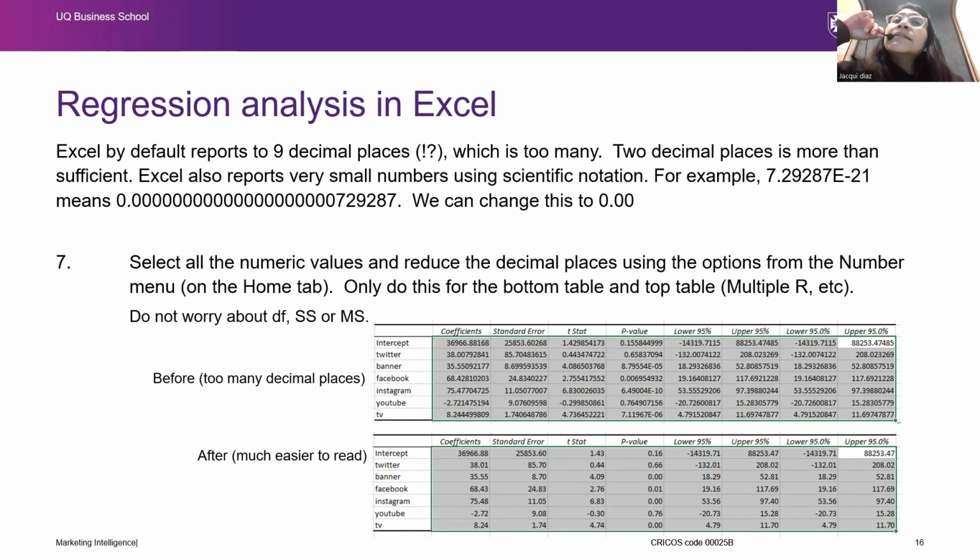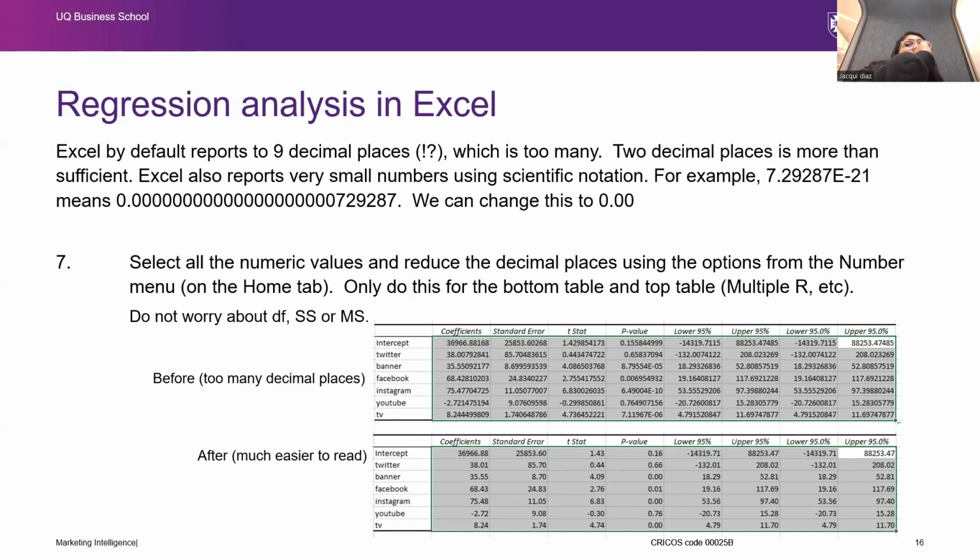It's really easy to recognize here that the lowest belongs to YouTube with a negative sign, 2.72. And the highest one belongs to Instagram, and it's positive, so it means that it's making a positive effect on sales, while YouTube is making a negative effect, which is not what we are expecting here.